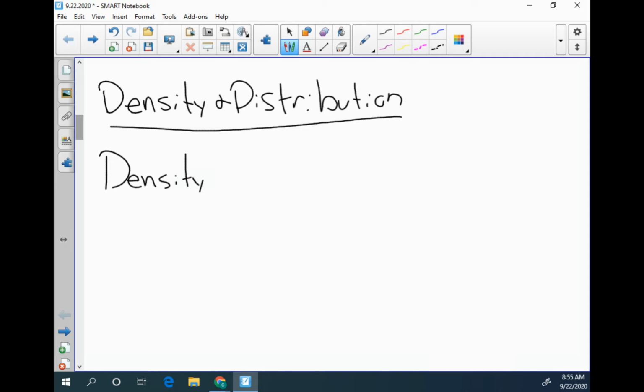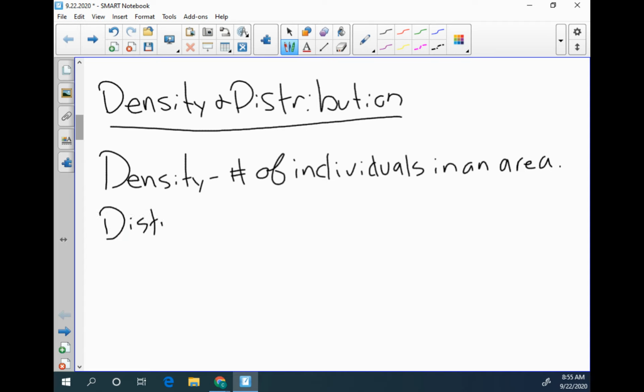Density is the number of individuals per unit area, the number of individuals in an area. And distribution is how the individuals are spaced out.